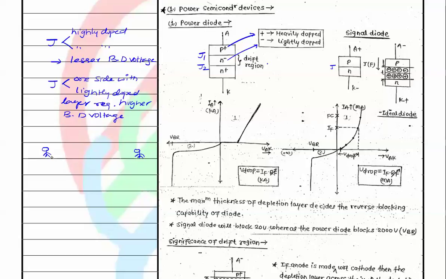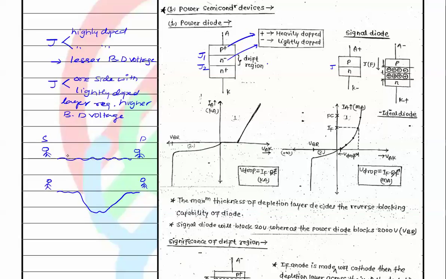In order to travel, there should be a path between the source and destination. Let's say we give the path like this. It is only to understand the concept of the drift region. Second, for the same charge, I will give another path which is like this.